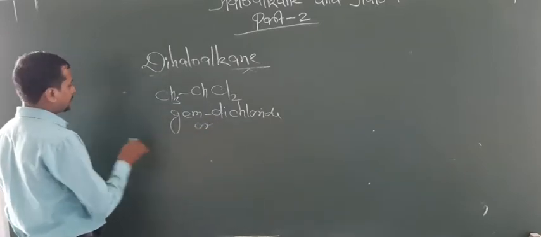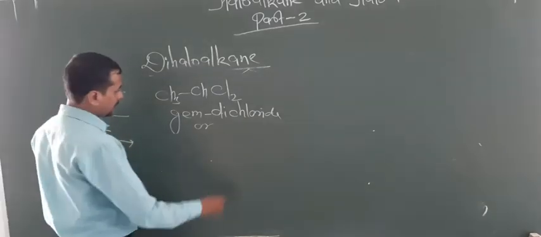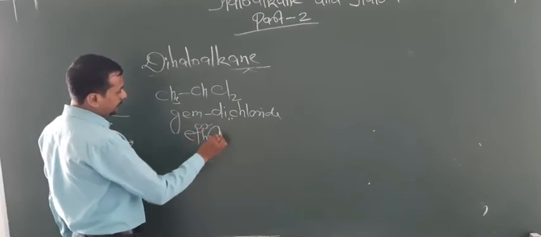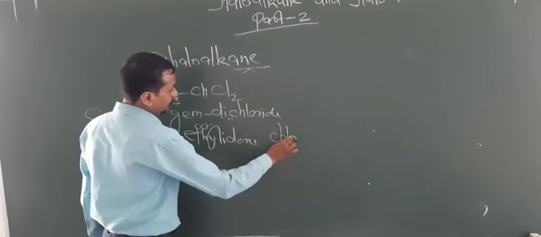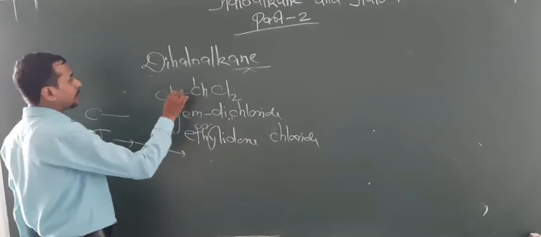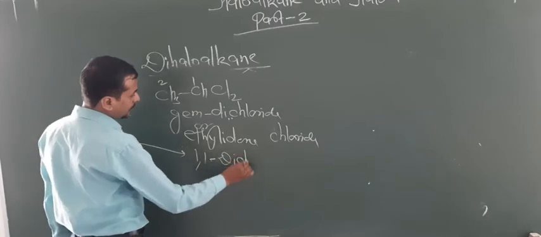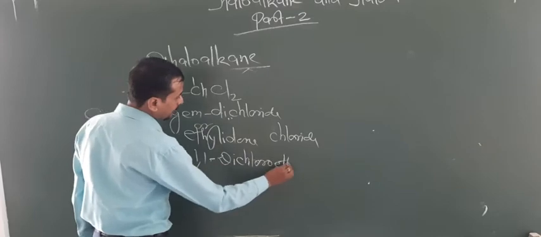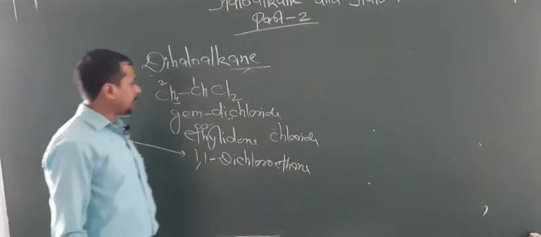The common name is ethylidene chloride, and its IUPAC name, numbering 1, 2, is 1,1-dichloroethane. So these are about gem dihalides.